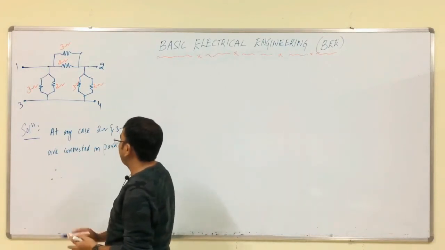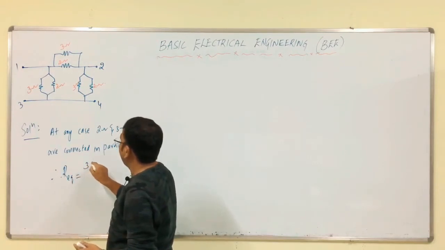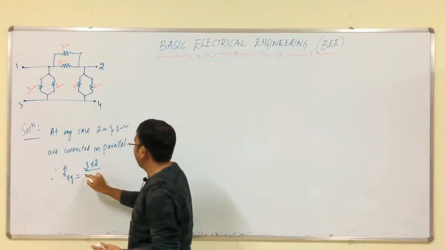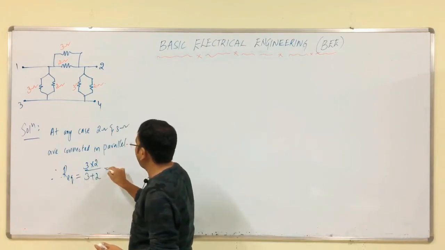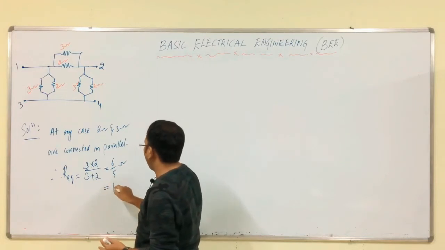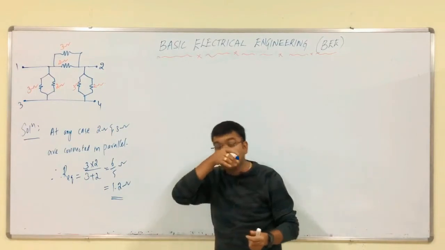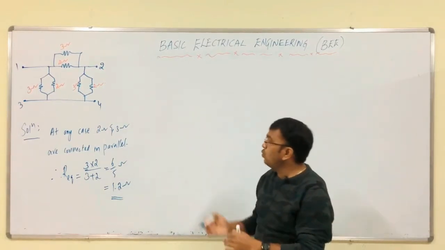Therefore, R equivalent between these two is 3 into 2 by 3 plus 2, which is equal to 6 by 5 ohms, which is equal to 1.2 ohms. So, this is the equivalent resistance between 3 ohms and 2 ohms.